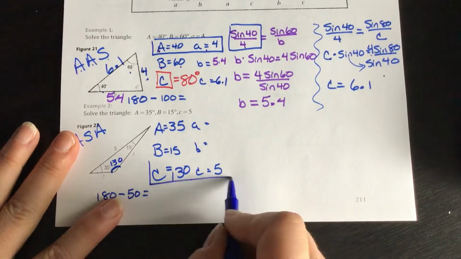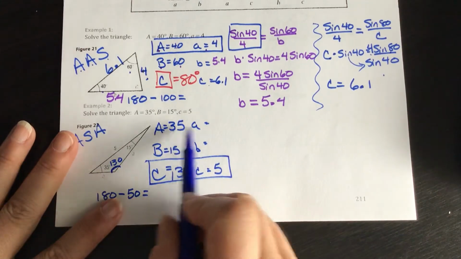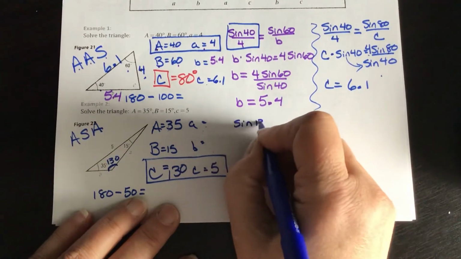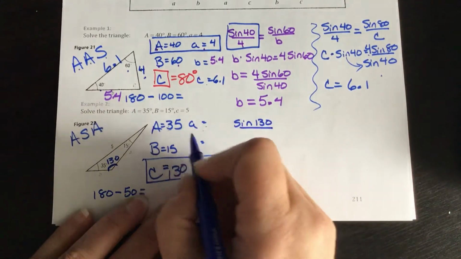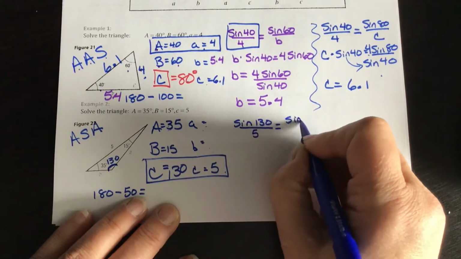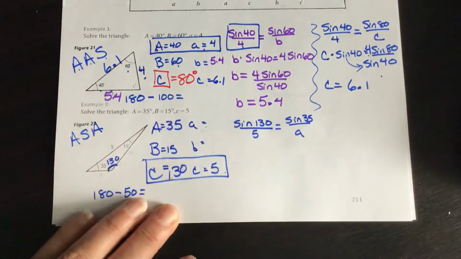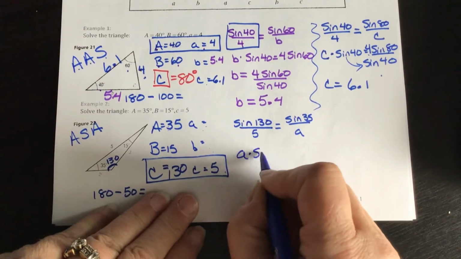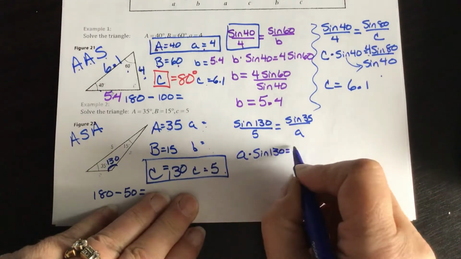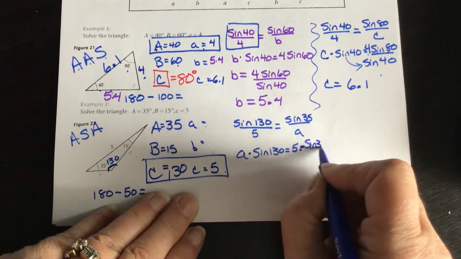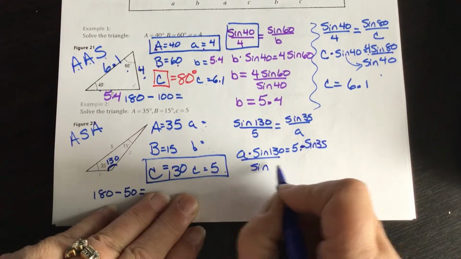Now I'm going to use these parts with the ratio for each one, A and C. So I'm going to have sine 130 over 5 equals sine 35 over a. Doing the cross products, I have a times sine 130 equals 5 times sine 35. Divide by sine 130.